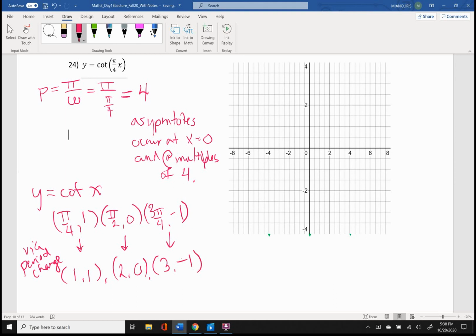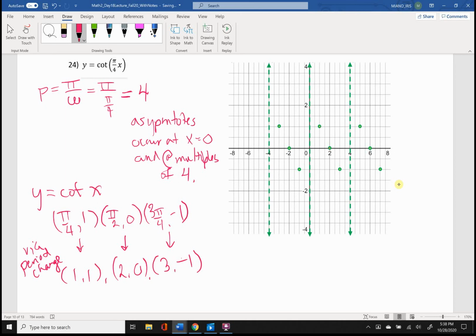Okay, so we can plot these 3 ordered pairs along with all of the asymptotes, and then also some more ordered pairs that follow the same pattern. And this is what they'll look like. So just to be clear, these are the 3 points that I plotted. Here is 1, 1 right here. Here is 2, 0, and here is 3, -1.